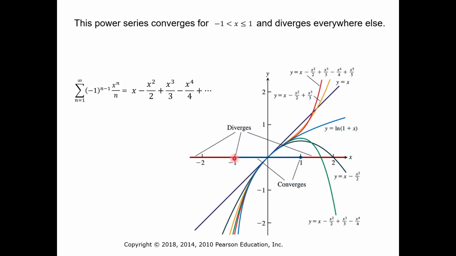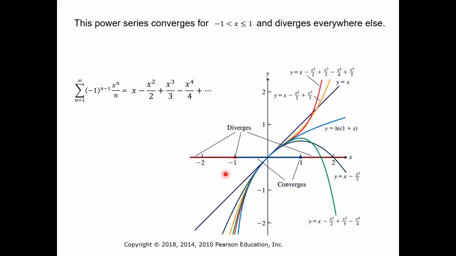But in between -1 and 1, all of these graphs are acting very similarly. And so this is for different values of x. For values of x between -1 and 1, you get this similar behavior. Anything outside of -1 and 1, that's where it diverges. And so notice we don't include -1, but we do include 1 from how we tested just a minute ago. Okay, so that was for that example.